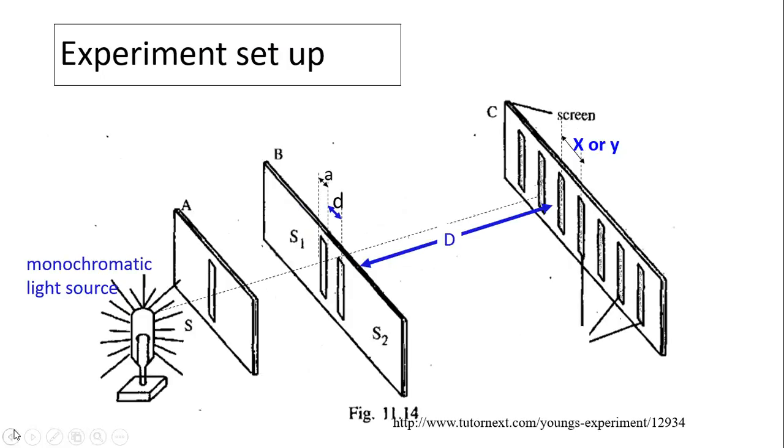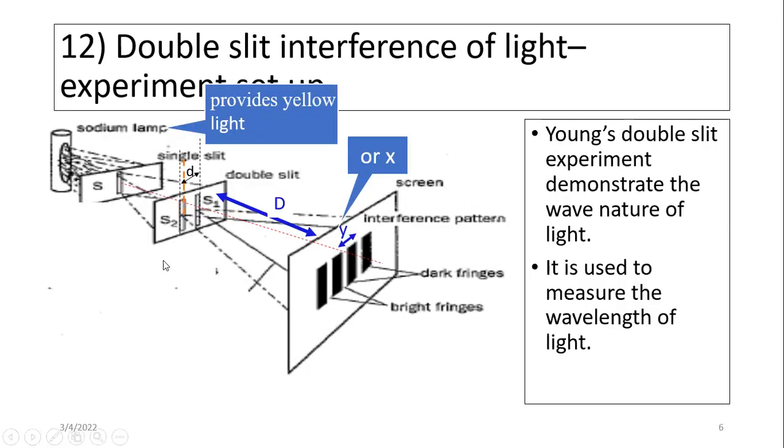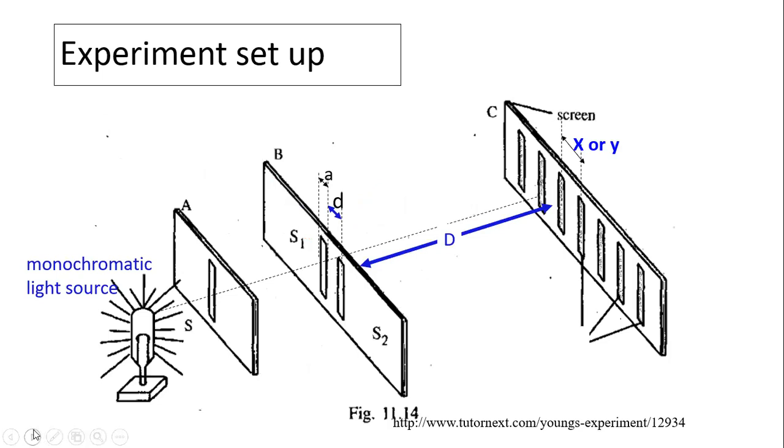These are just various ways of drawing; this author draws it differently. Same thing. There's a monochromatic light source, and there's your X or Y. There's your distance D, from the right-hand side to the right-hand side.